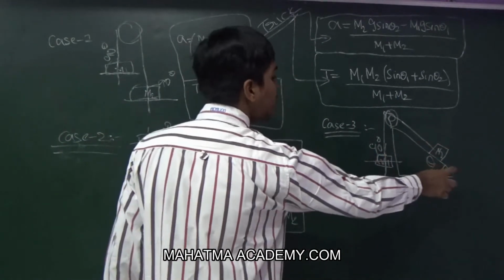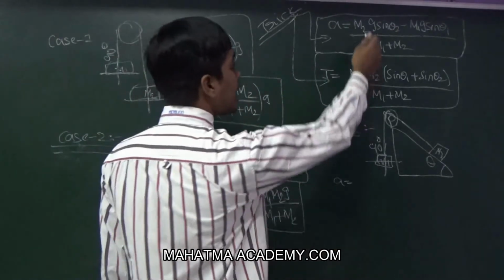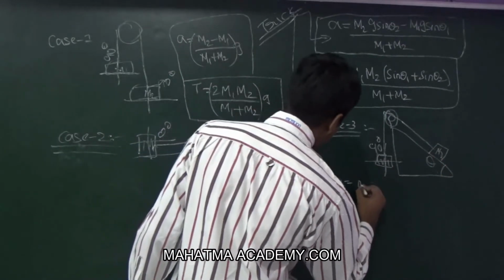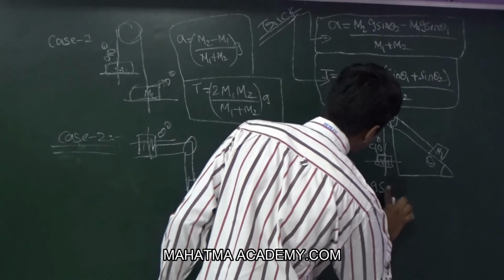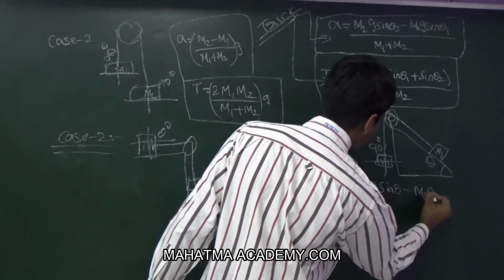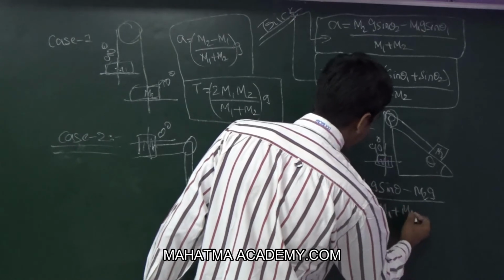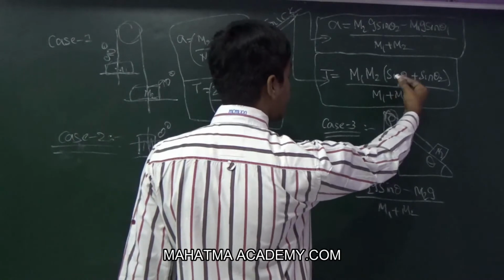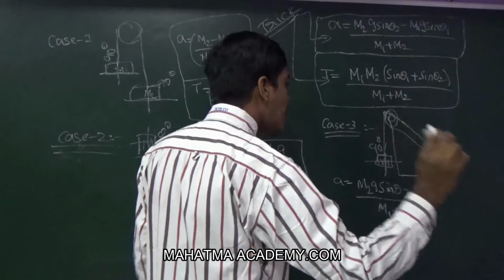Theta 2 is equal to theta. So A is equal to, theta 1 is 90, theta 2 is an angle theta, that is m2g sin theta minus m2g upon m1 plus m2. Okay. Now and the tension here, sin 90 is 1 and the sin theta 2 is equal to sin theta.